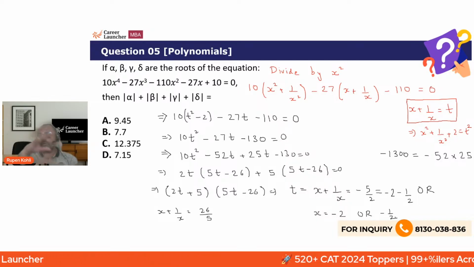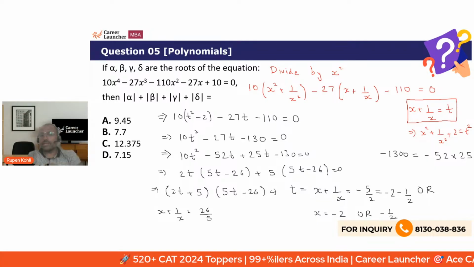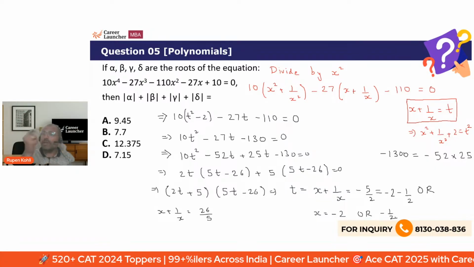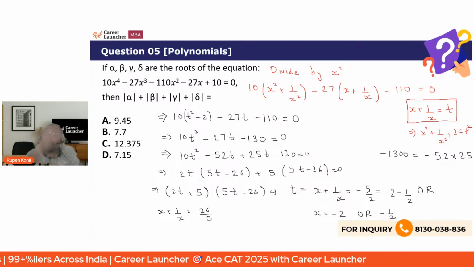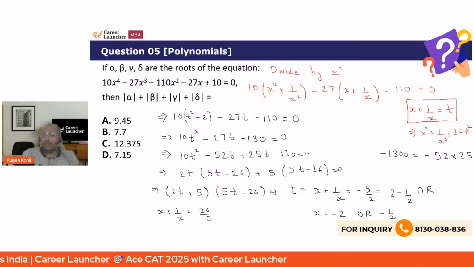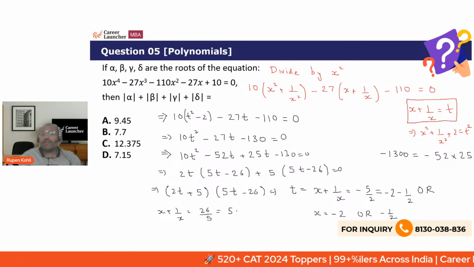So either you can substitute x as minus 2, so it makes sense, minus 2 and plus 1 upon minus 2, or minus half is also fine. Put x as minus half. So minus half plus 1 upon minus half, which is back to minus 2, right? Perfect. Likewise, 26 by 5 is 5 and 1/5.